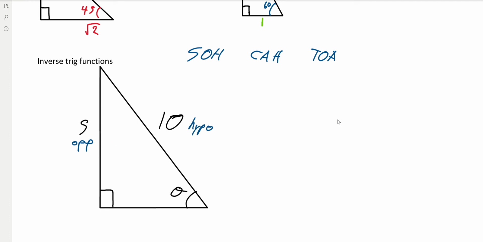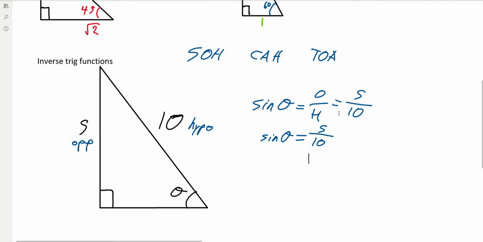If we have the hypotenuse and the opposite, we're going to be using our sine function. So sine of our angle equals opposite over hypotenuse. In this case, 5 over 10, which is great, because we can now relate it to one of our special triangles.